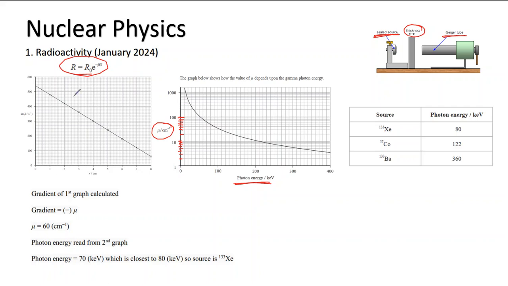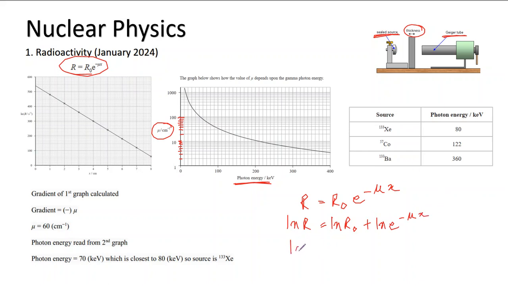So from here, let me break this down actually. Let's see, R equals R naught e to the power minus mu x. When you take ln on both sides, so ln R equals ln R naught plus ln e to the power minus mu x.